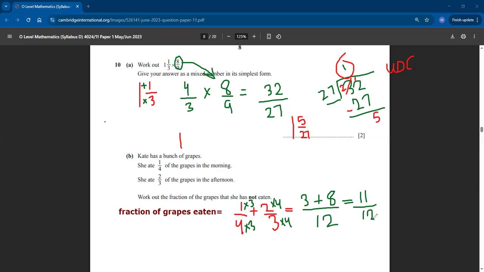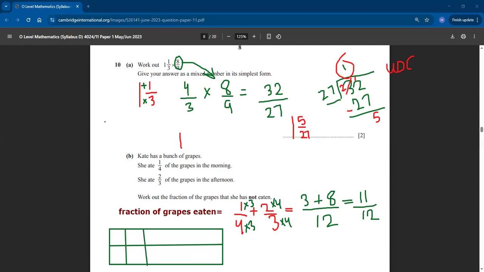What is the fraction of grapes that are not eaten? Let me explain it to you in a very kiddish way, but I hope that helps. Let me draw a rectangle over here and divide it into 12 parts. 1, 2, 3, 4, 5, 6, 7, 8, 9, 10, 11, 12.